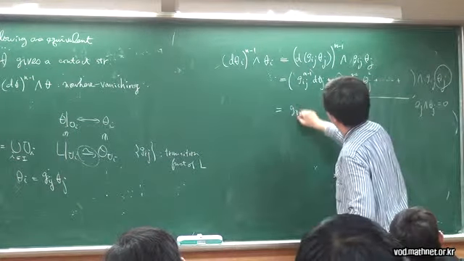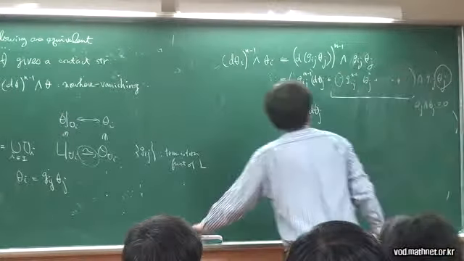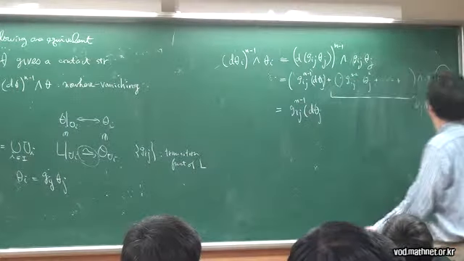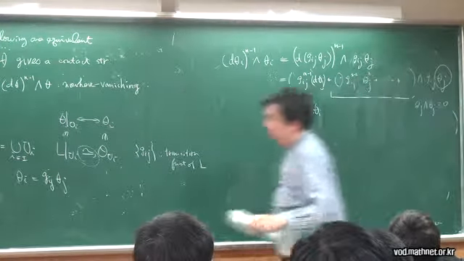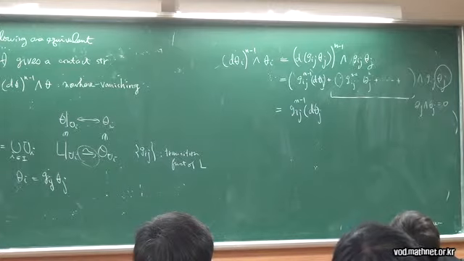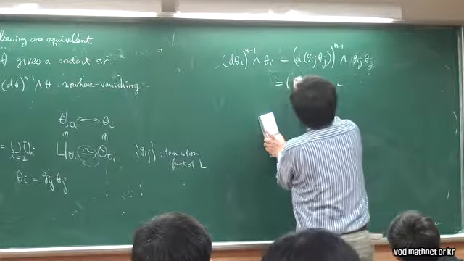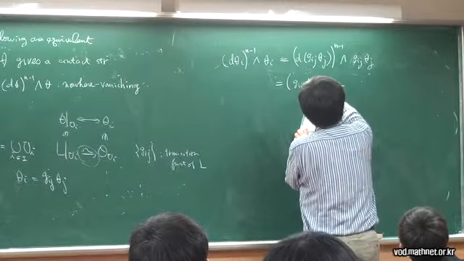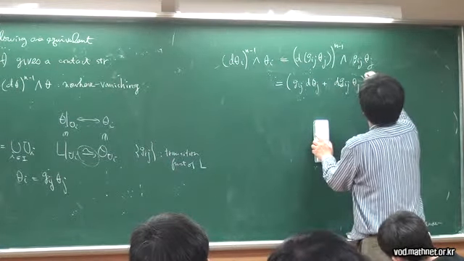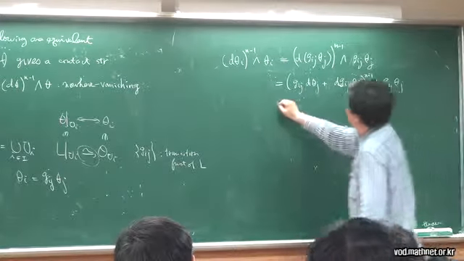So this implies, just a moment, this is g_ij d theta_j plus dg_ij theta_j to the n minus 1, g_ij theta_j. Yes, just expand this and expand this.